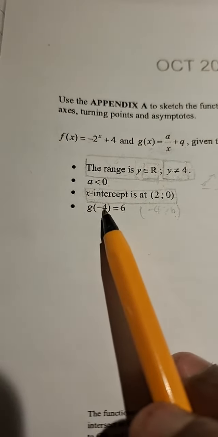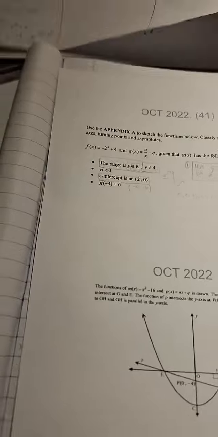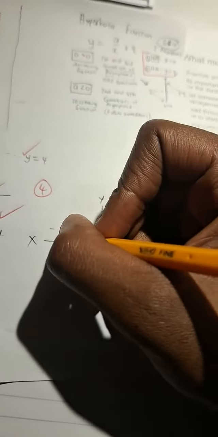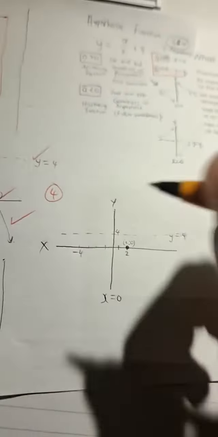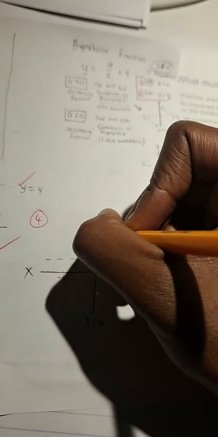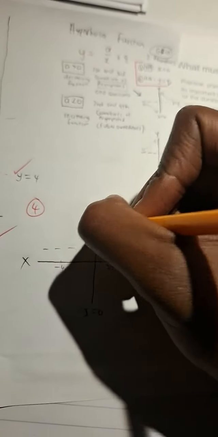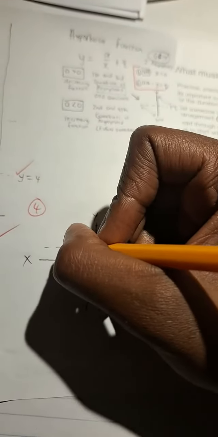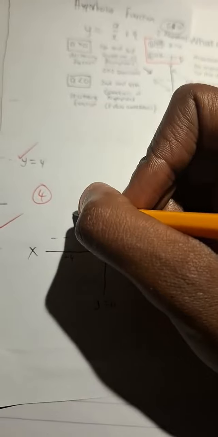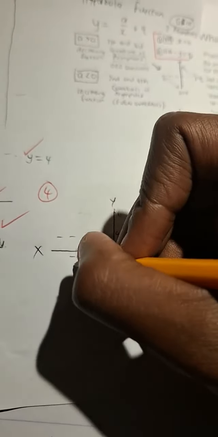Then -4 and +6. Let's go to our graph. Let's just say that was -1, -2, -3, -4. So -4. And then +6 is somewhere here. So basically, we are checking where do these two meet. Because remember, x is -4 is everywhere on this vertical line that passes through -4.